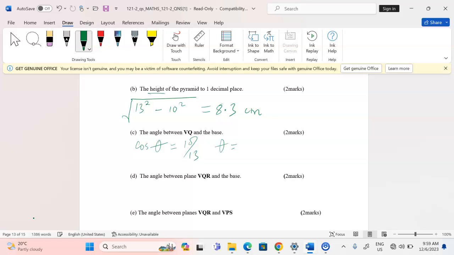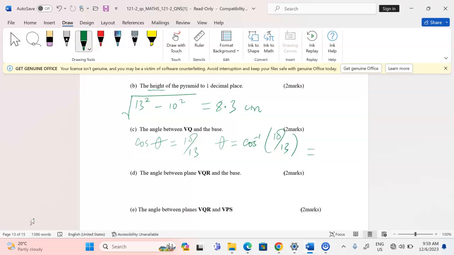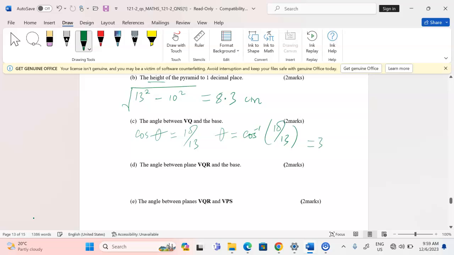That means theta will be the cos inverse of 10 over 13. So shift cos of 10 over 13 gives 39.72 degrees. So that is the angle.